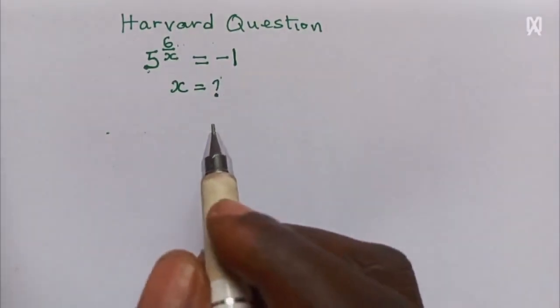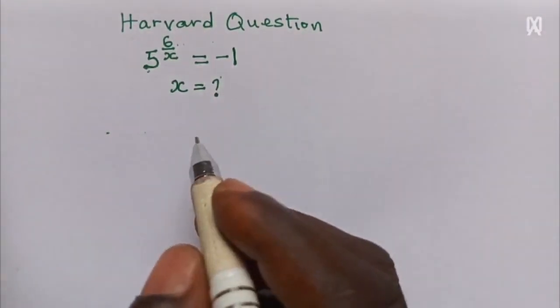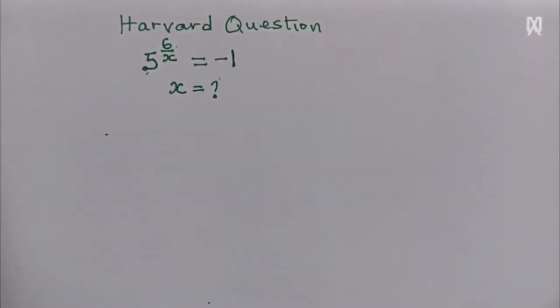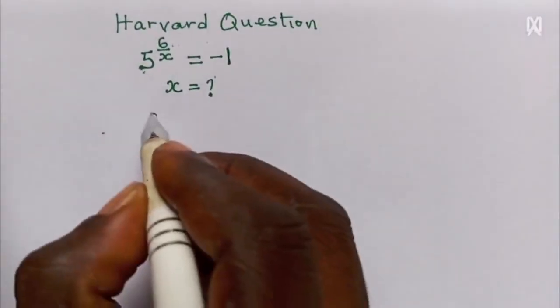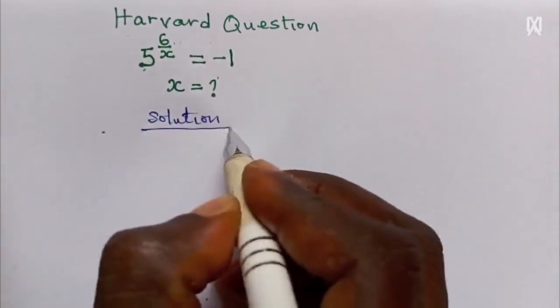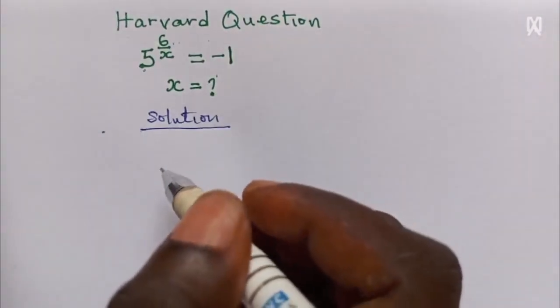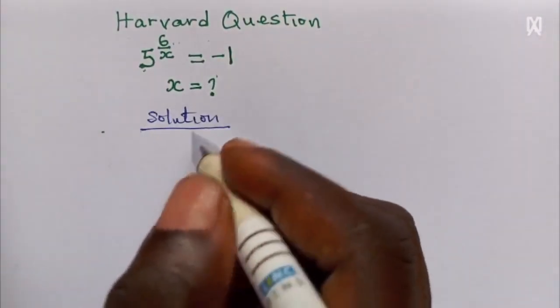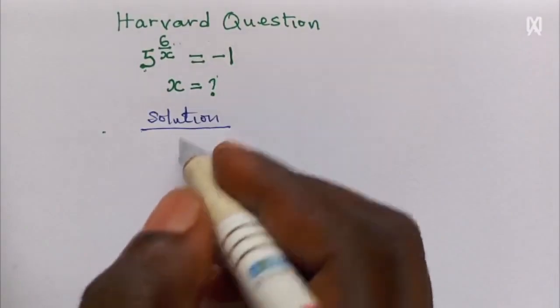So what we are going to do here is apply what is called Euler's equation or Euler's identity.